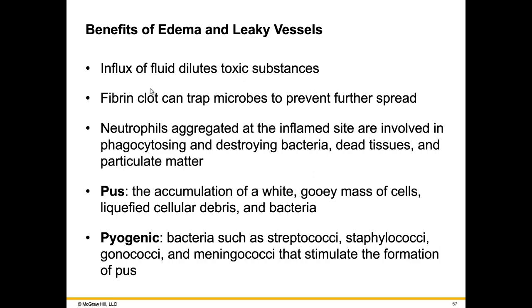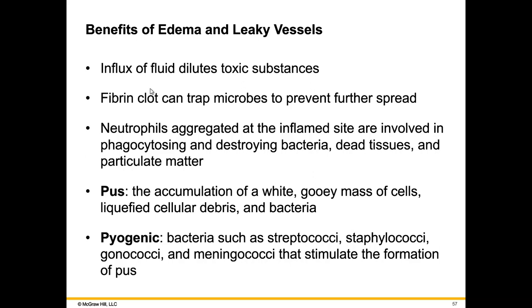I know y'all have seen it in A&P, but basically it's a cascade of events that involves a lot of different blood clotting factors and ends with a fibrin clot that forms a meshwork patch that will prevent blood loss from a blood vessel and thus prevent further spread of infection, because these microbes can get entrapped in that little clot.